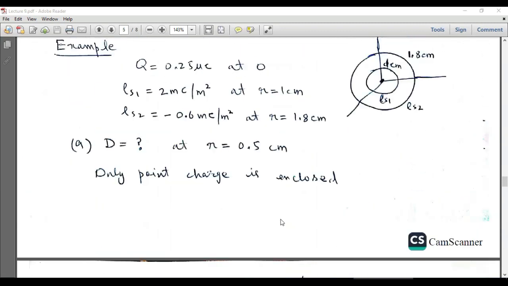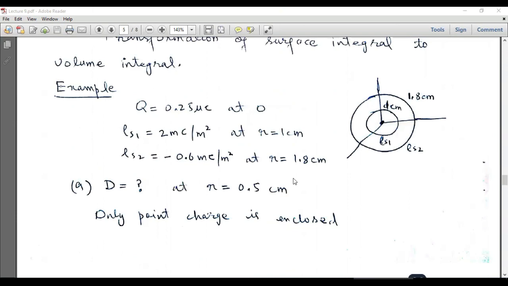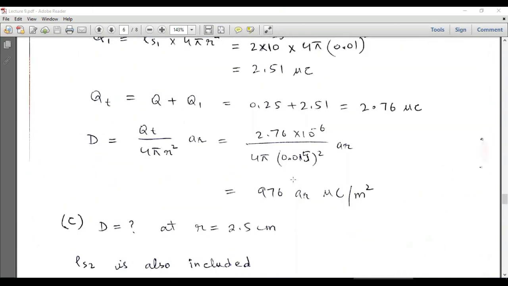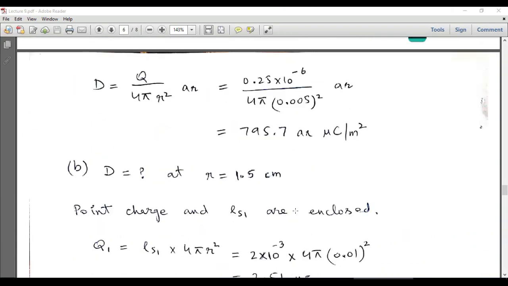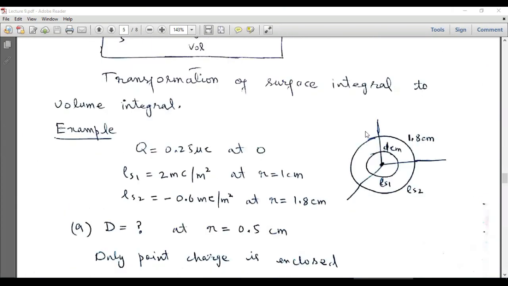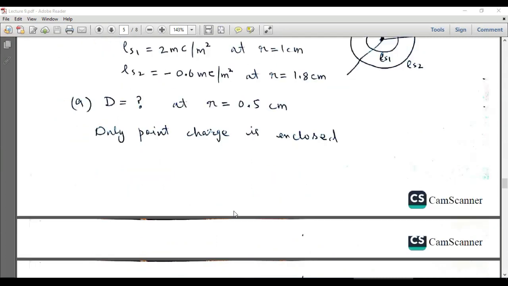In the third part, same procedure will be applied. And in the third part, we have to calculate the electric flux density at R is equal to 2.5 centimeter. So this surface will be lying somewhere over here. And within this surface, all three charge distributions will be involved. This point charge, first surface charge, and the second surface charge.